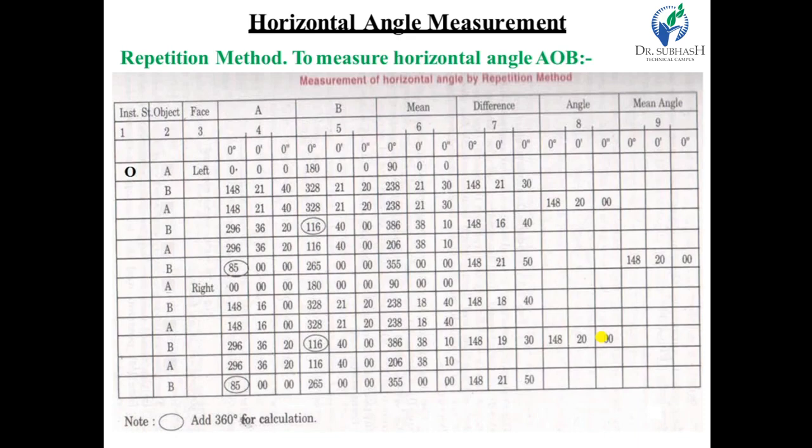From that we get all the readings and the mean, and we get the difference. So we get the accurate result by using both faces and adding the number of repetitions.